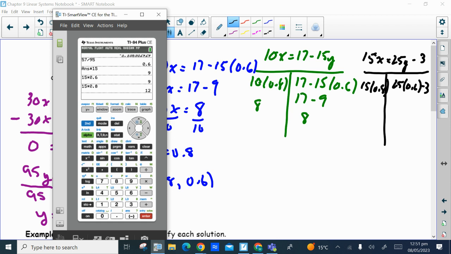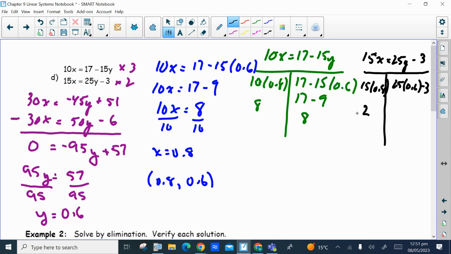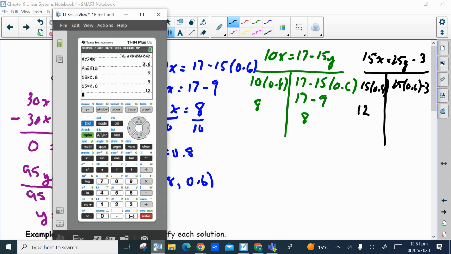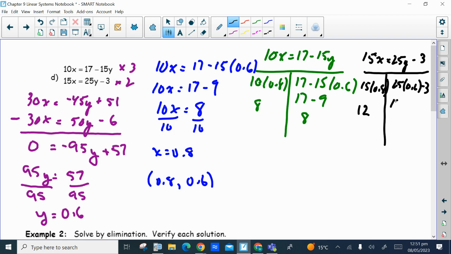So on the left, 15 times 0.8 is 12. On the right, 25 times 0.6 is 15. And 15 take away 3 is also 12, so it checks. We have just shown that our solution works.